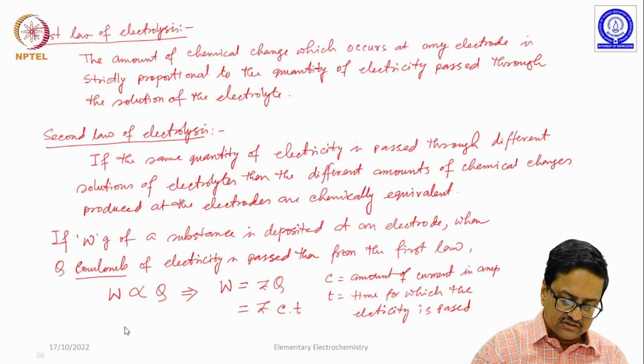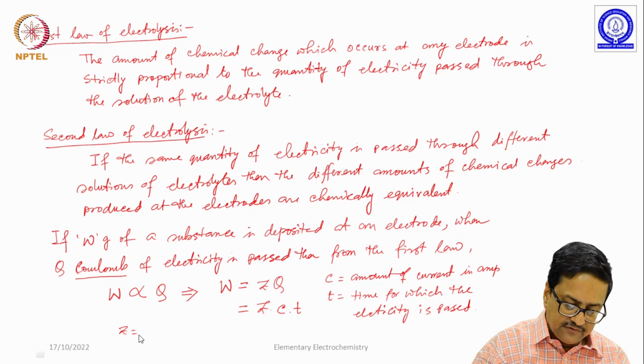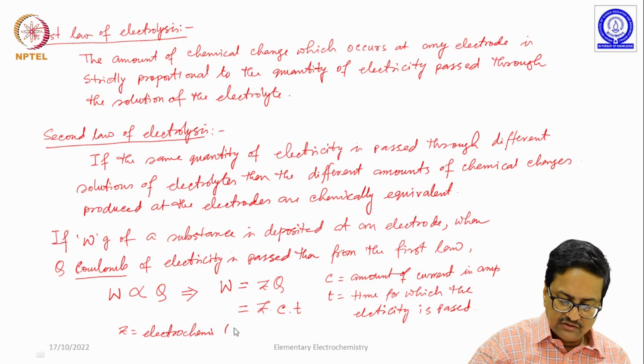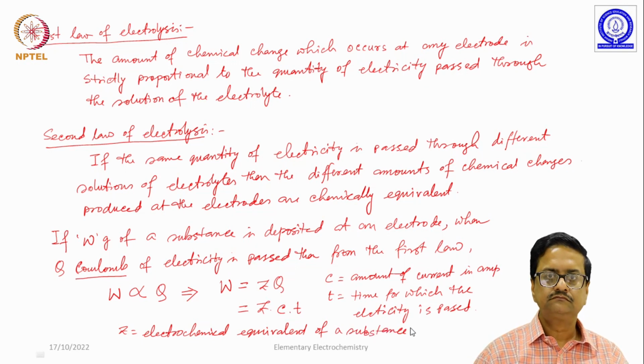And here this constant Z is called the electrochemical equivalent of a substance. Right?